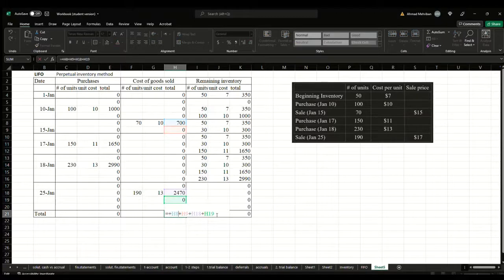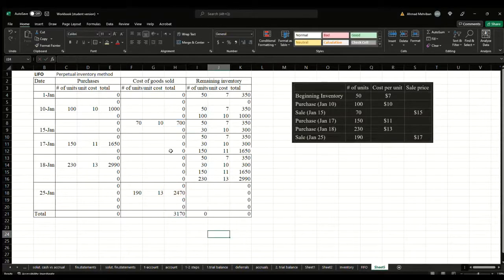I have lots of unnecessary inclusions here, so I can remove this, and I will be left with only this cost of goods sold, 3,170. Now looking at what remains, because it's last in, first out, from this last line I've left only 40 units: 230 minus 190 gives us 40, at $13 per unit.